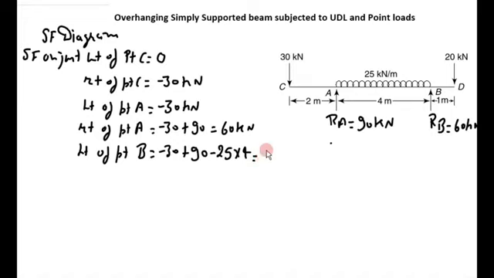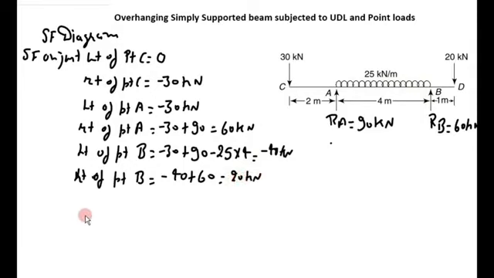So net becomes minus 40 kilonewton. Then just right of point B: minus 40 up to just left, and just right, minus 40 plus 60. So net becomes 20 kilonewton.